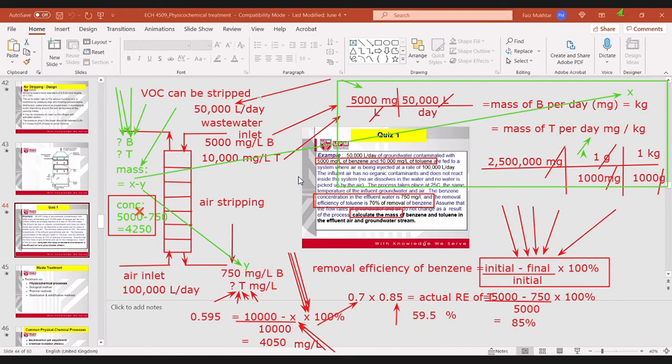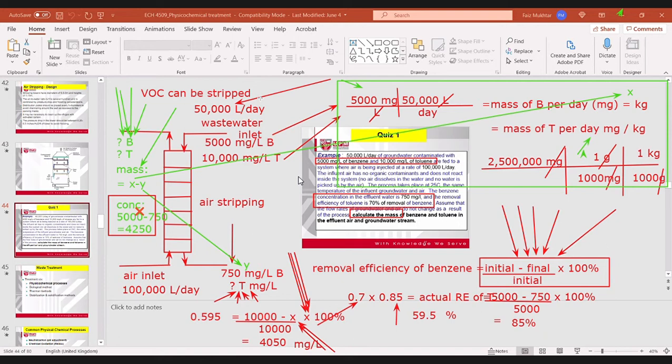The volumetric flow rate of air is double the volumetric flow rate of wastewater. The wastewater goes in at 50,000 liter per day, where the air comes in at 100,000 liter per day. It's double. Okay, the air is double the amount than the water, in terms of volumetric flow rate.